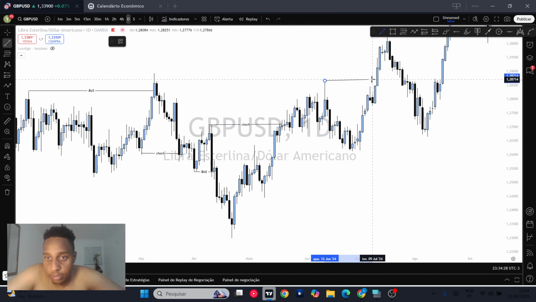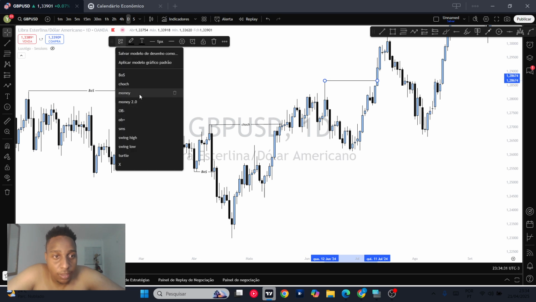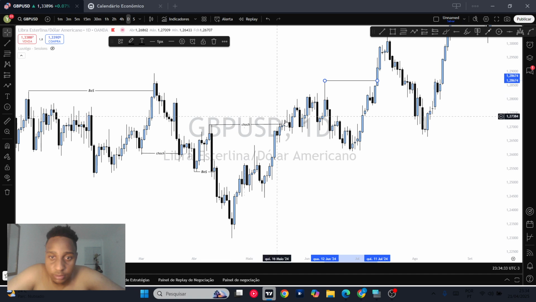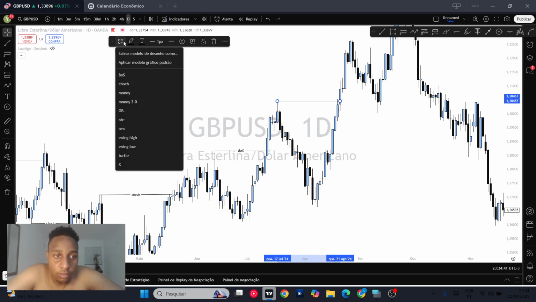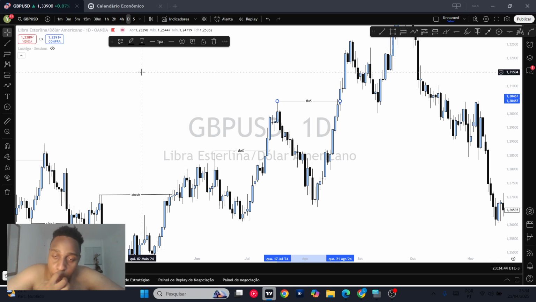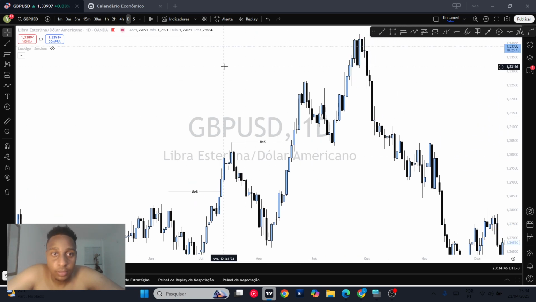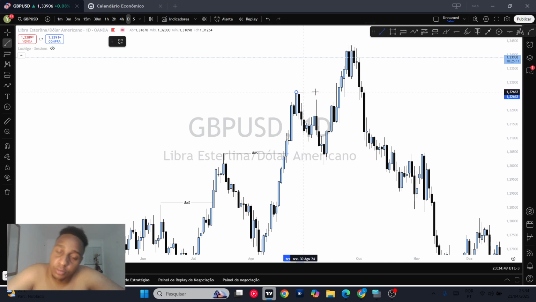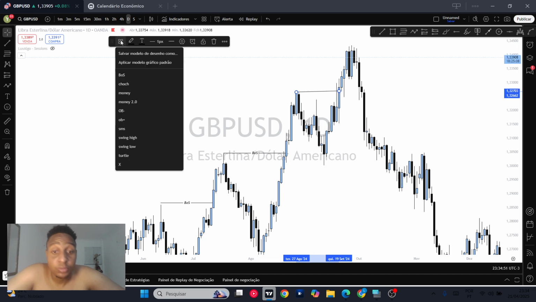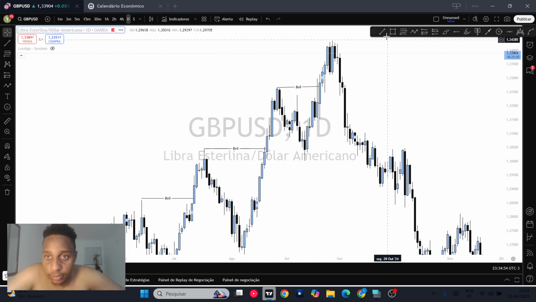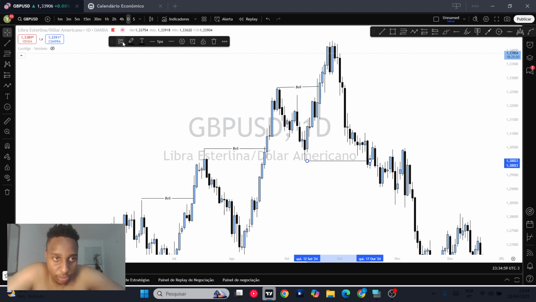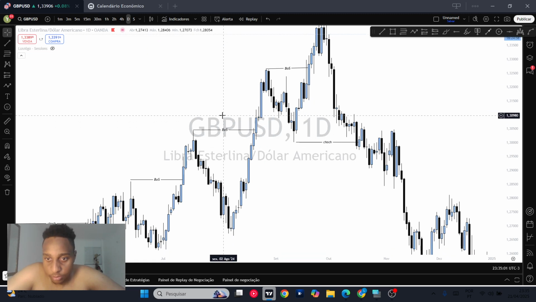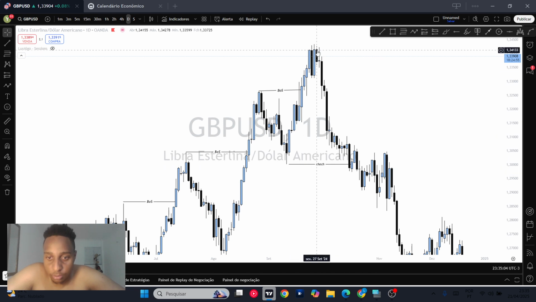And then price made another break of structure, continuing our bullish trend, made another break of structure, continuing our bullish trend, made another break of structure, continuing our bullish trend, and then made a change of structure, change of character, symbolizing reversal.